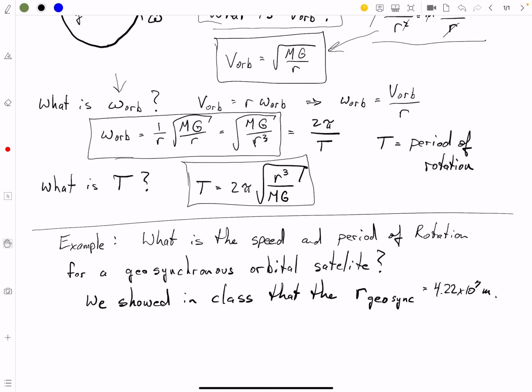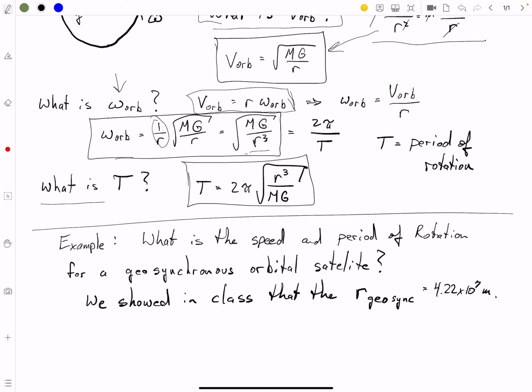So v orb equals r times omega, looking at this equation right here. Omega then is v orb over r. And then we can just substitute that in. This guy can be squared and stuck on the inside of the radical. And that's what it looks like.